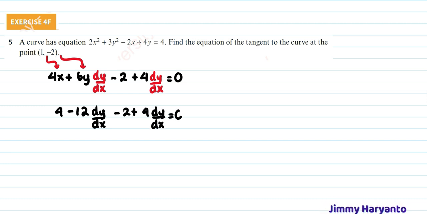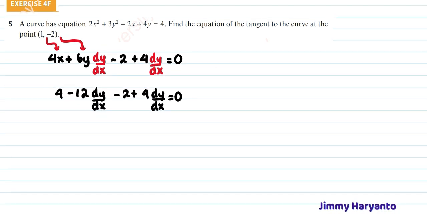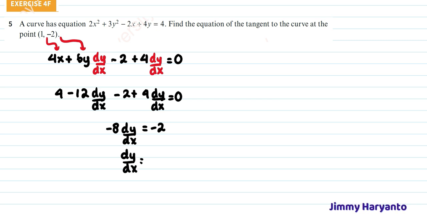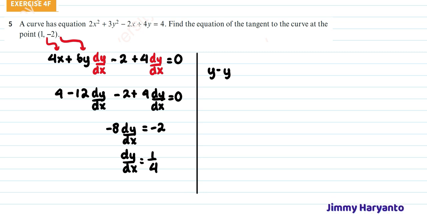Later you'll have the dy over dx. And then next is 4 minus 2 equals 2. Move it to the right hand side. Negative 2. Negative 12 plus 4 is negative 8 dy over dx. So dy over dx equals 1 over 4. 2 divided by 8. Next is to find the equation. y minus y1 equals m times x minus x1. This one is the x1, this one is the y1.